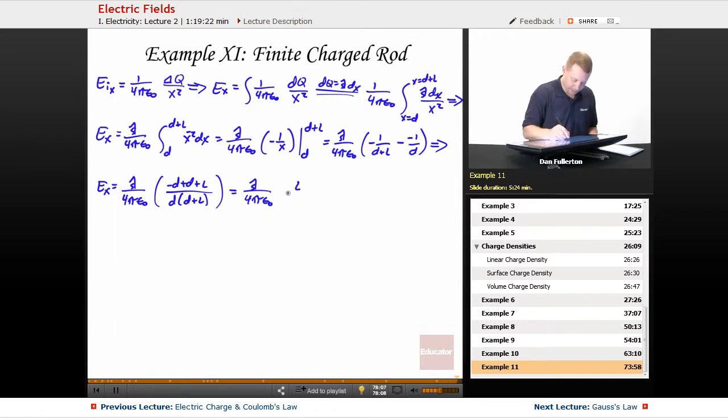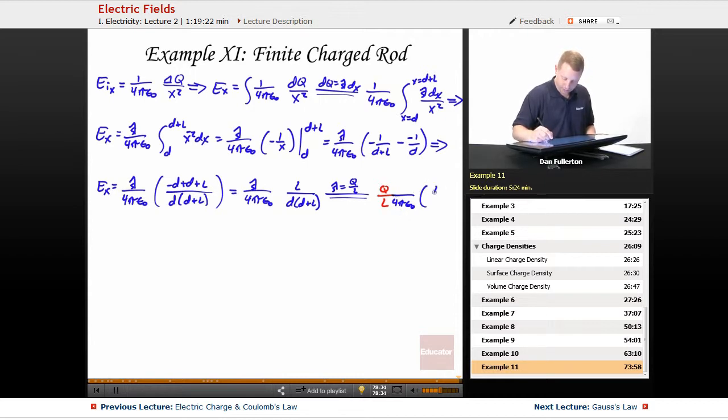That's just going to leave us an L over d times d plus L. But we also have said, again, that lambda equals q over L. So that's going to be equal to, when we replace lambda with q over L, we've still got our 4 pi epsilon naught down here times L over d times d plus L. L in the bottom, L in the top, make a ratio of 1.